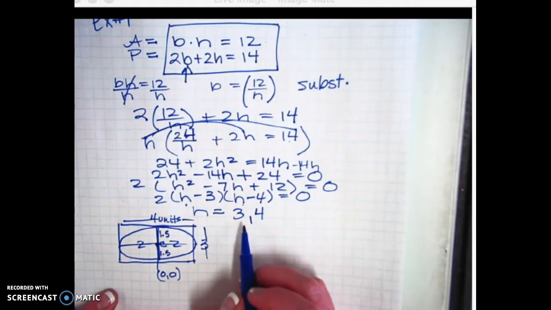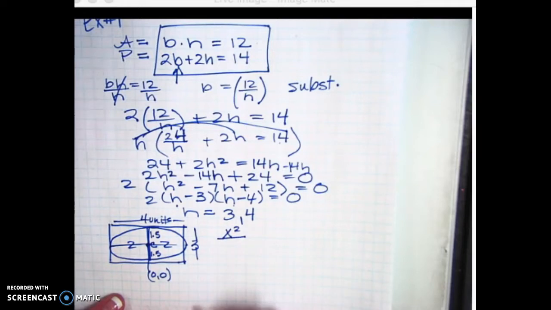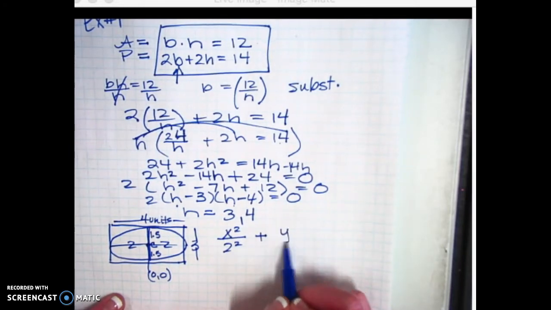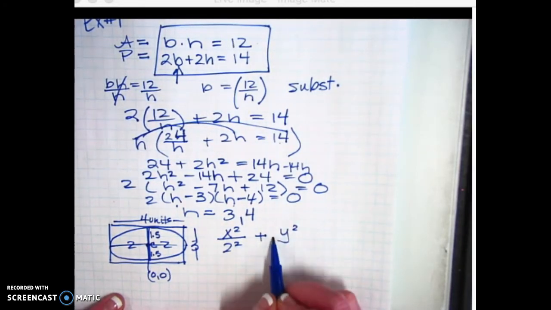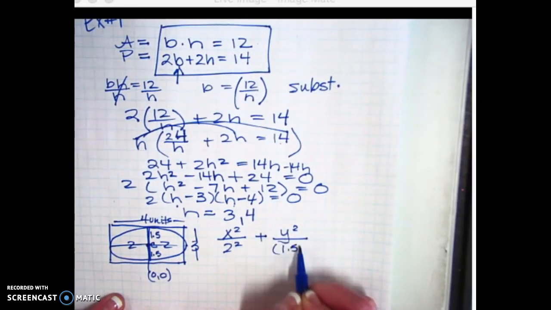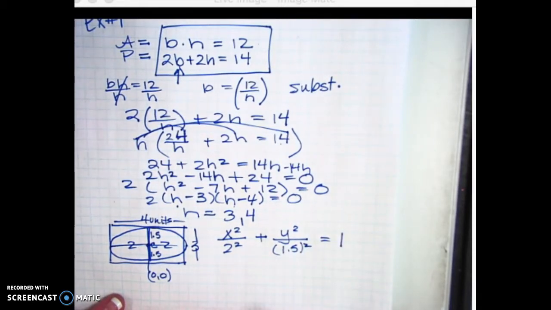So if you were going to write your equation for an ellipse, you would have x minus 0 squared over the a squared, which is the longer stretch this way, so 2 squared, plus y minus 0 squared over 1.5 squared equals 1. And then you could just simplify it.